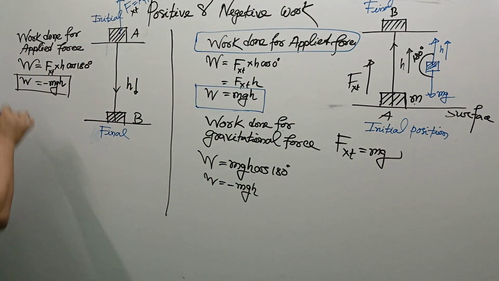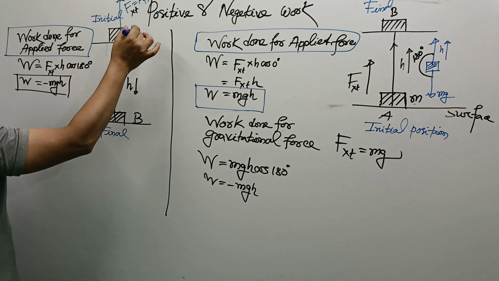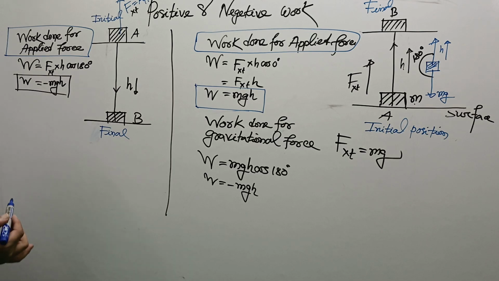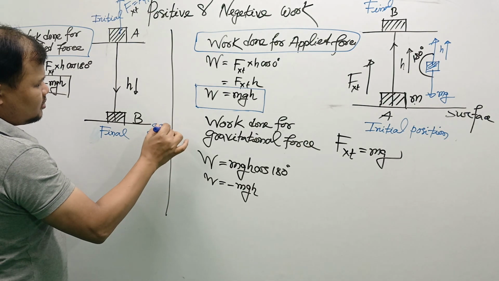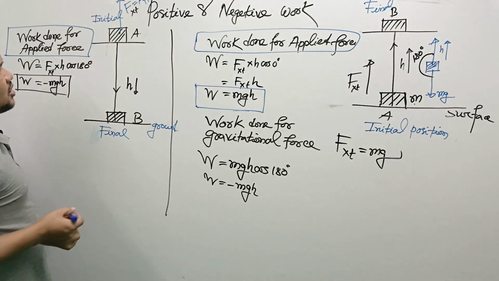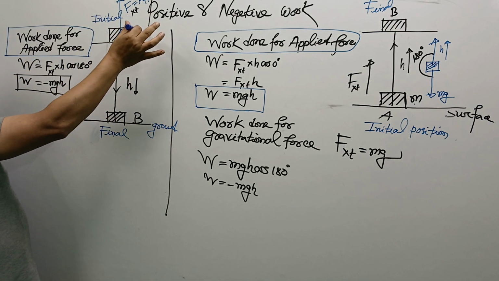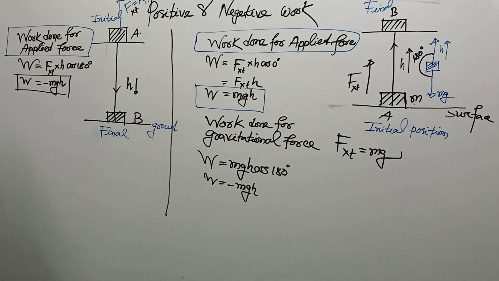But in this scenario, when we take an object from h meter height from the ground level, this is the ground, and this is the initial point. If we take any object from h meter height, point A to B, then because of the applied force the work done will be negative.